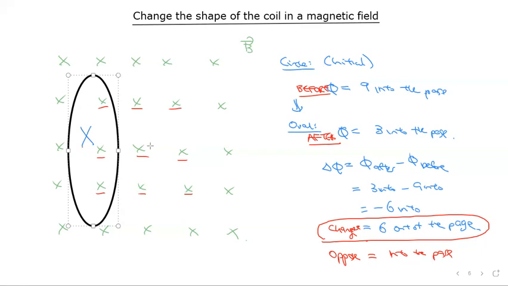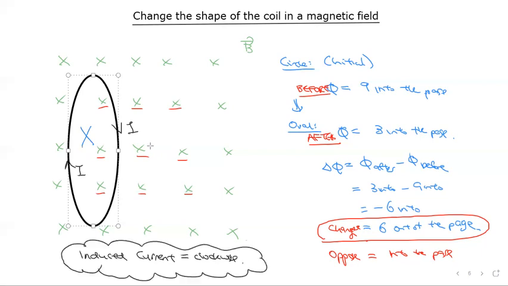That then means that this will get an induced current that will be clockwise. Of course, if I did it the other way, if I had not made it smaller, if I made it bigger, then it would be anti-clockwise.